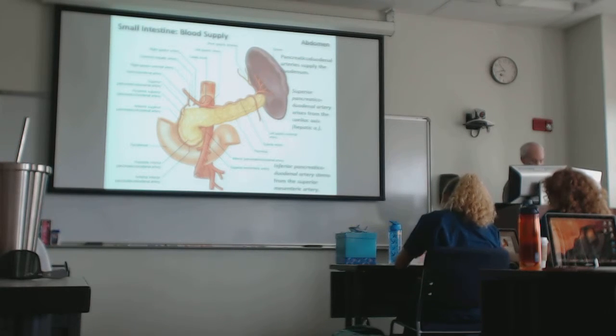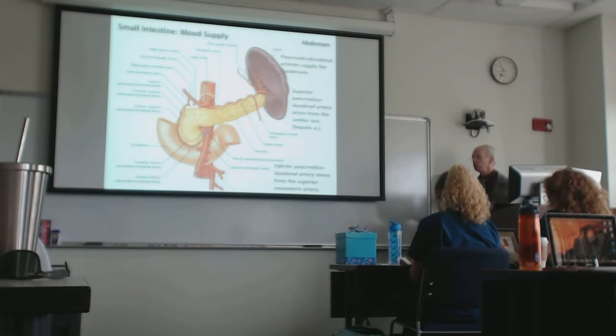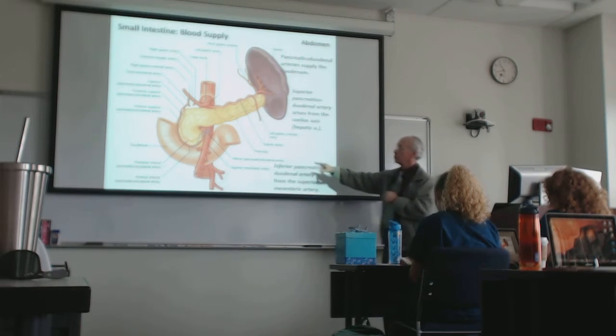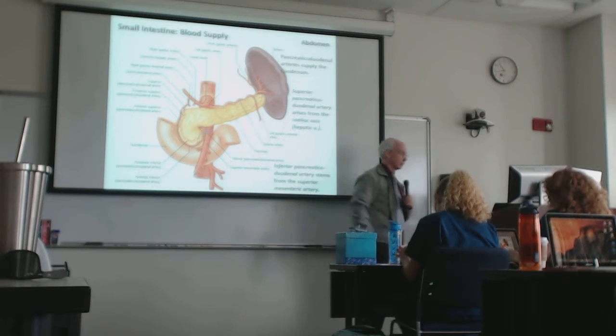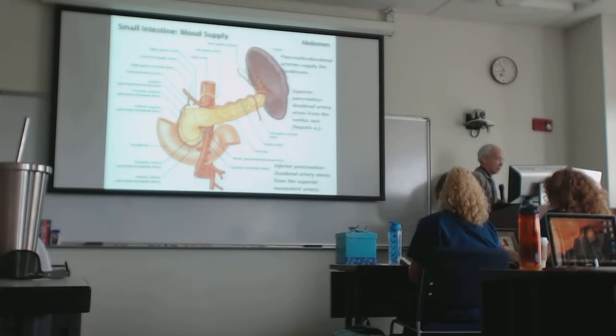Of course, the head of the pancreas too. But notice they hook up. They move right back into the inferior mesenteric. I'm sorry, the superior mesenteric. And you know the superior mesenteric also perfuses the remainder of the intestine up till about the descending colon.